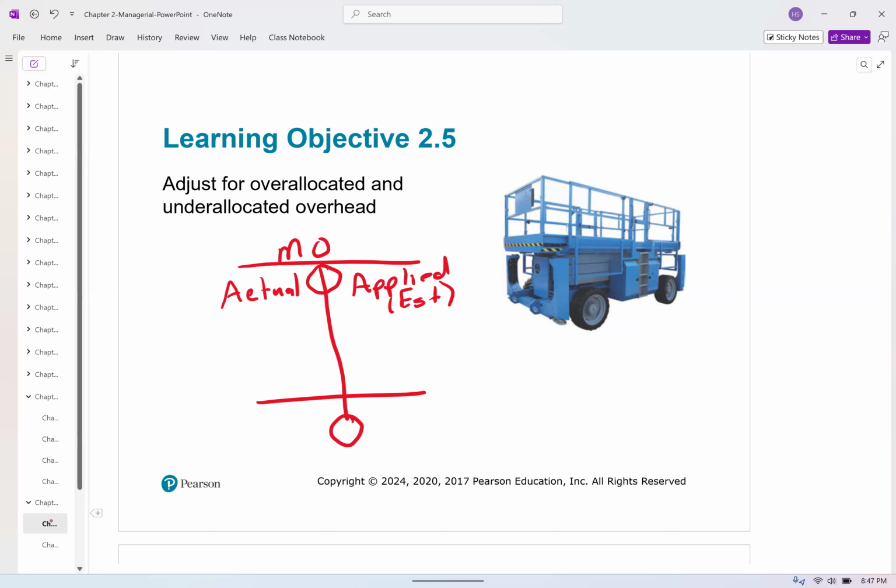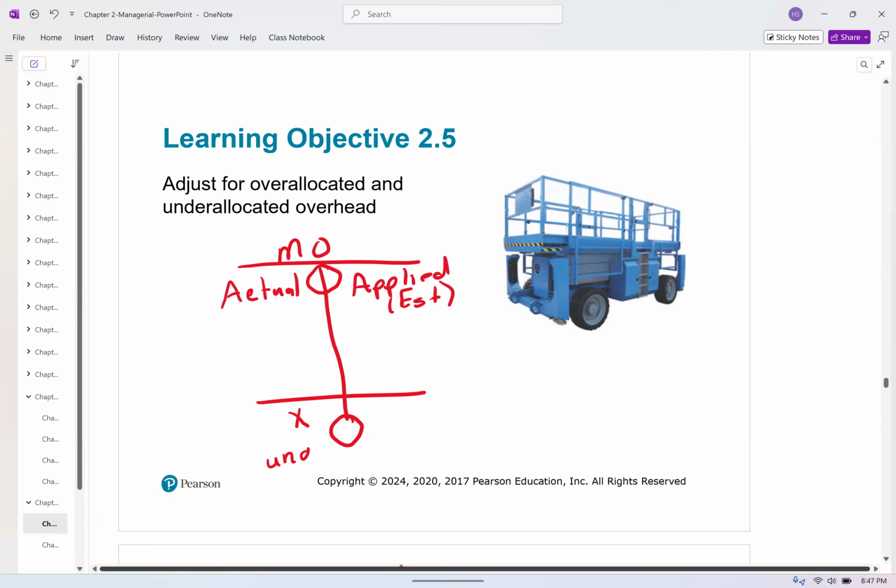And remember, if you get a balance on the actual, that means you have more actual expenses than you applied, so you are underapplied. That's in that little worksheet that I gave you. If you end up with a balance over here, then you are overapplied. But it has to always end up with 0.